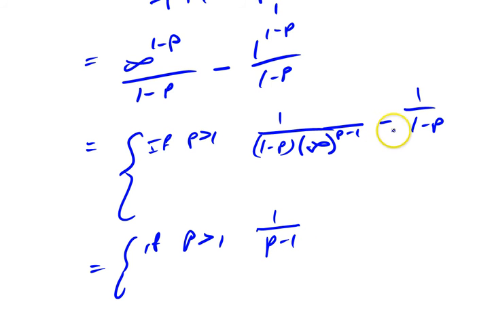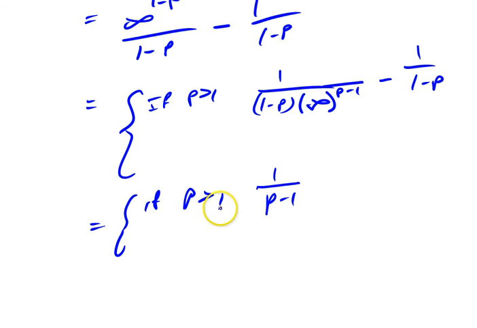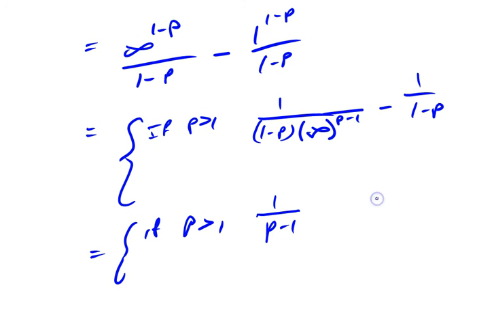I don't like that negative sign, so I'll distribute it into the bottom. So if p is bigger than 1, then p minus 1 is positive, and you've got an answer of some positive value.